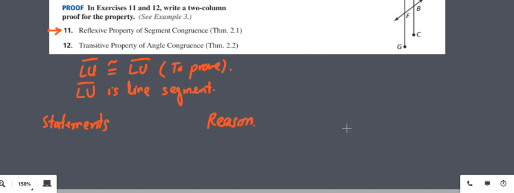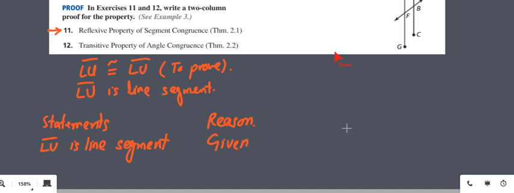Now the first statement that I am writing is that LU is a line segment. And how did I get that? It was given to me, right? I assume that LU is a line segment, so we will say it is given.